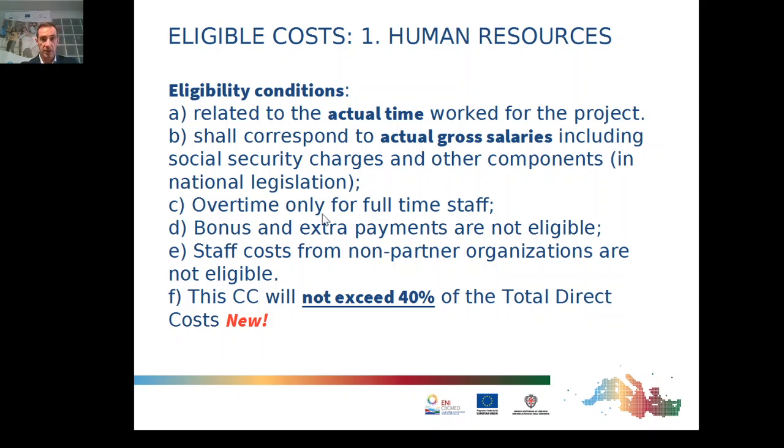Overtime is eligible only for full-time staff. Bonus and extra payments are never eligible. Staff costs from non-partner organizations are not eligible, and remember, this cost category is limited to 40% of the budget.